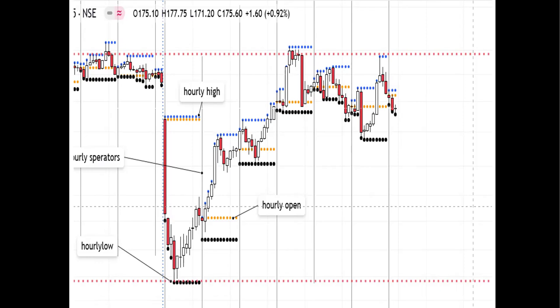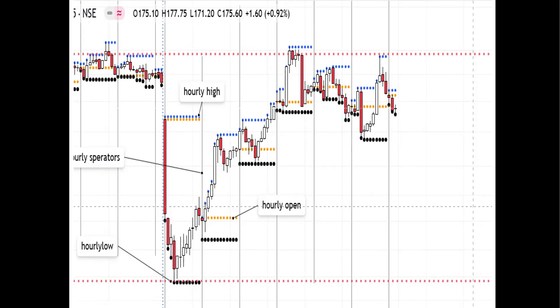The beauty of this hourly indicator is that it is separating. These are the hourly separators. And in the next hour, you can see the low is plotted well above the first hourly low. This is the second hourly low and the second hourly open.